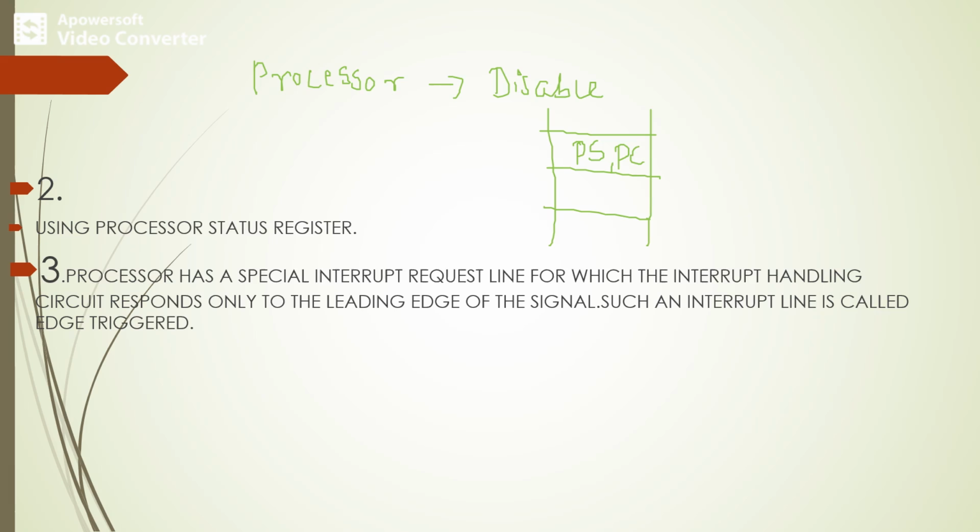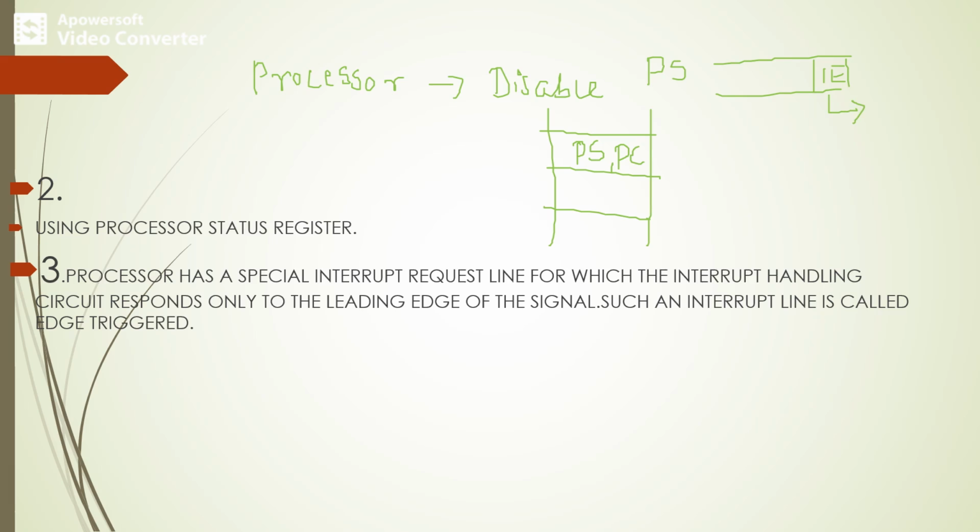The processor status register has one bit called the interrupt enable bit. The processor status register, that is the PS register, has one bit, that is the interrupt enable bit. This bit is used in order to enable or disable the respective interrupts.